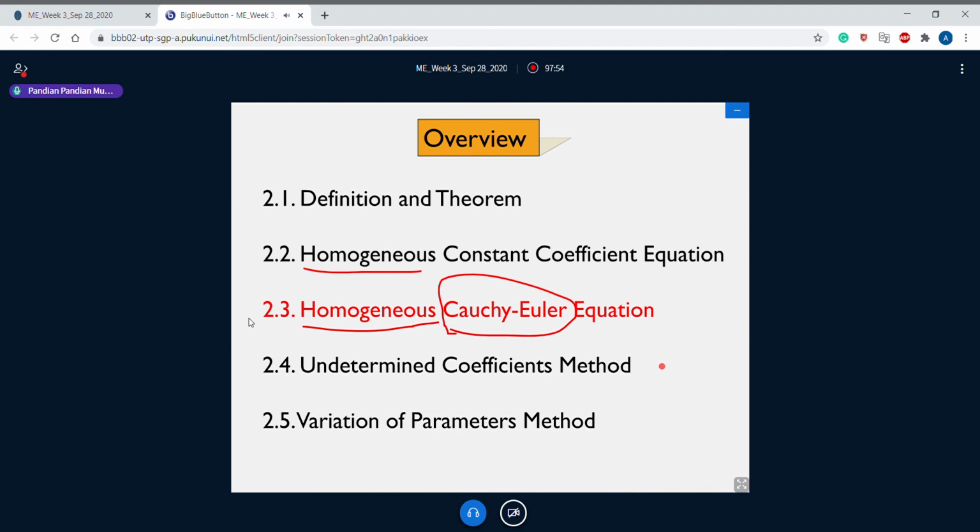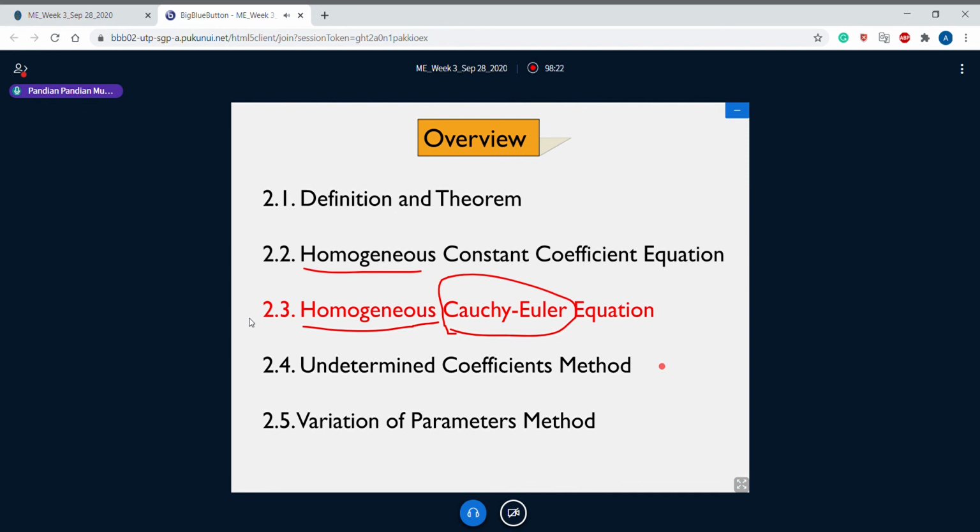Today, 2.2 and 2.3 are about homogeneous equations of two types, constant coefficient and Cauchy-Euler. Both are homogeneous, meaning the right hand side, the g(x), must be 0. You already know what is constant coefficient and what is Cauchy-Euler.